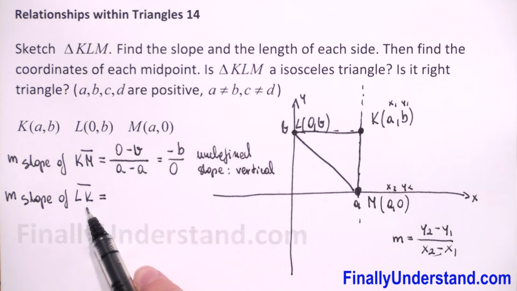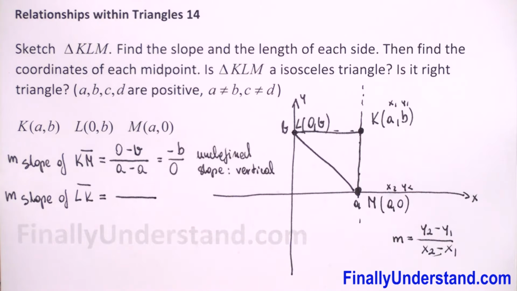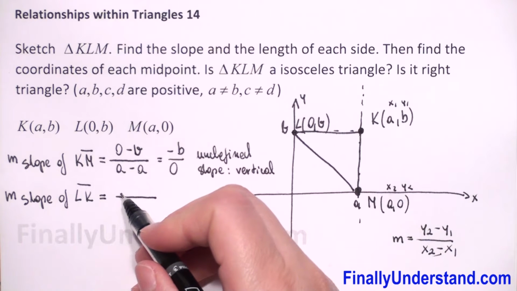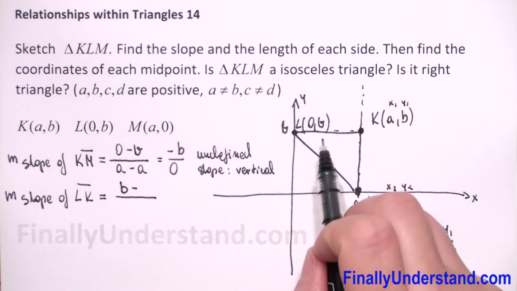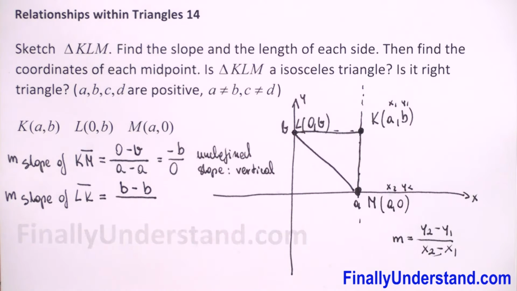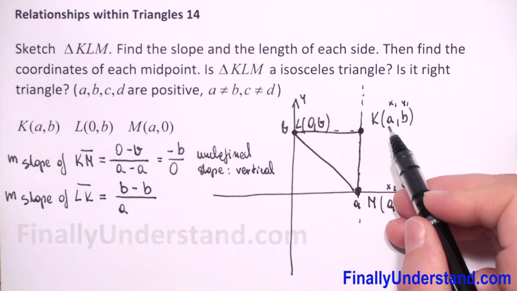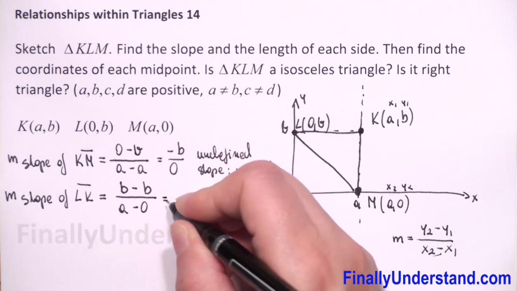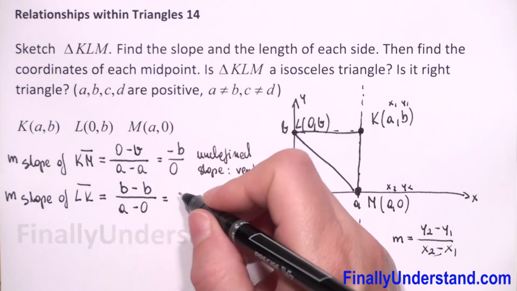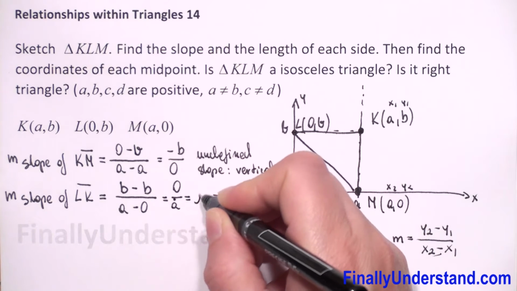K is last, so in the numerator we have to subtract y coordinates, so it will be B minus B, and in the denominator we have to subtract x coordinates, so it will be A, okay, the first coordinate is A, minus 0 for point L. So now we have 0 in the numerator over A, so this is 0.